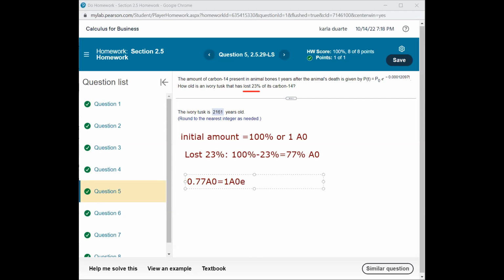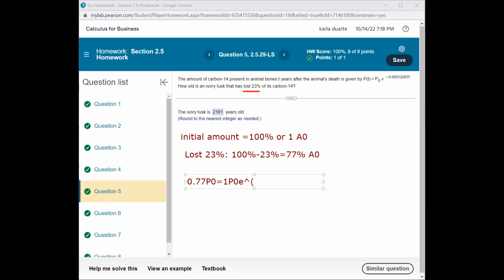Times e to the power. Now in this case, I used A's because I'm just used to using A's. They use P's. So you could change this as P sub 0 actually, and this is P sub 0. It doesn't really matter in practice if you're using P sub 0 or A sub 0, but it matters for the notation. So this becomes, and then you just plug it in.